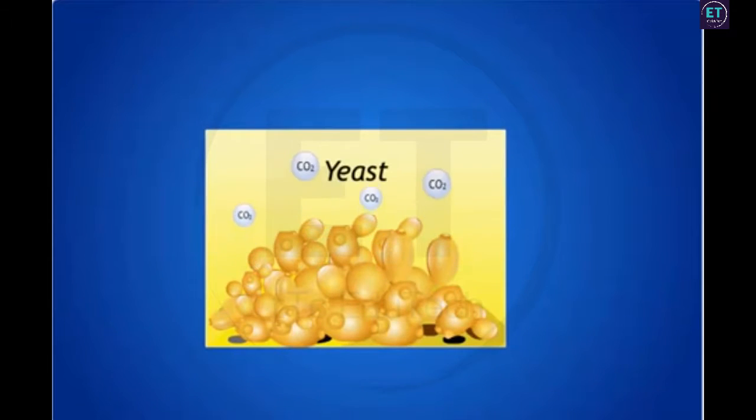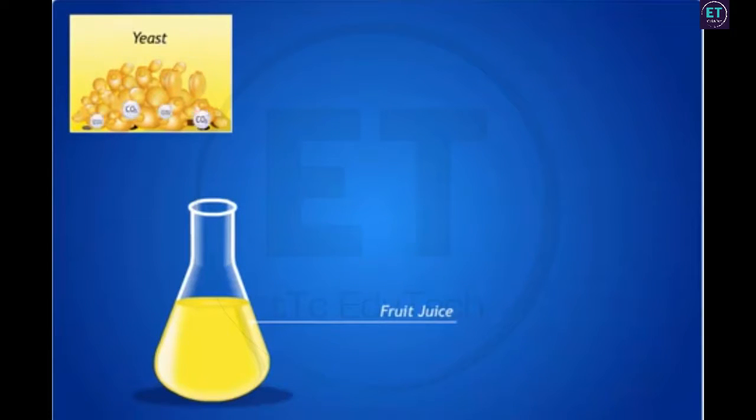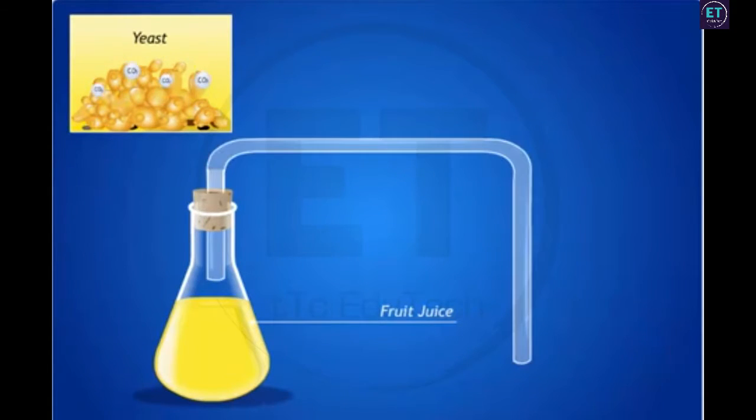Even microorganisms release carbon dioxide. Let's try out an activity to demonstrate this. Take some fruit juice in a flask and add some yeast to it. Fit the flask with a one-holed cork. Fit the cork with a bent glass tube.